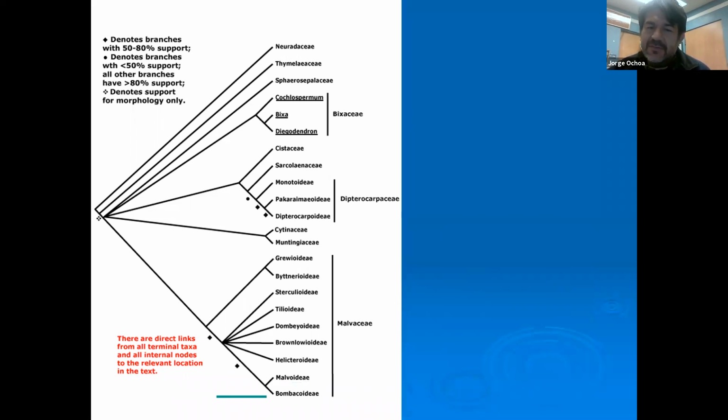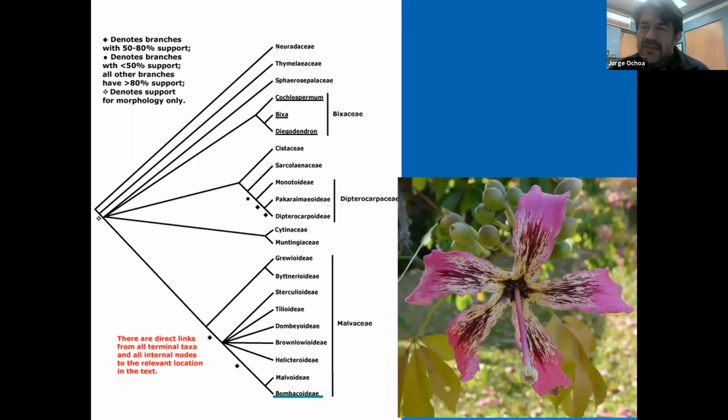Then we have the Bombacoideae, or the bombax, the baobab tree, or in this case our ceiba, the silk floss tree, where the stamens are in some kind of column. It's a little different, but generally the flower is relatively the same or very similar. So that runs through the many members of this family group, these mallow-like, hibiscus-like members that are really closely related to one another.